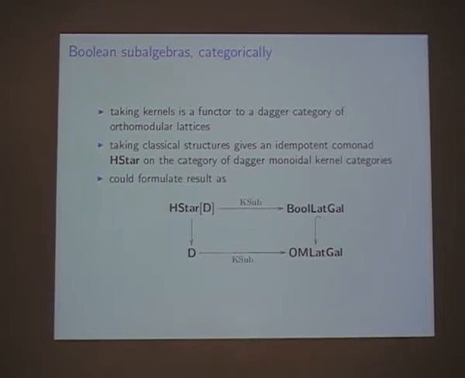Now if you're a category theorist, you might formulate this a bit more fancy in the following sense. You can make things into a functor actually. You can take any dagger kernel monoidal category in the sense that I've been talking about here. Taking kernels is actually a functor to the category of orthomodular lattices and some kind of morphisms that I don't want to mention now.